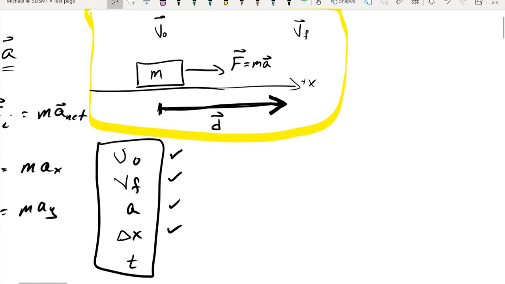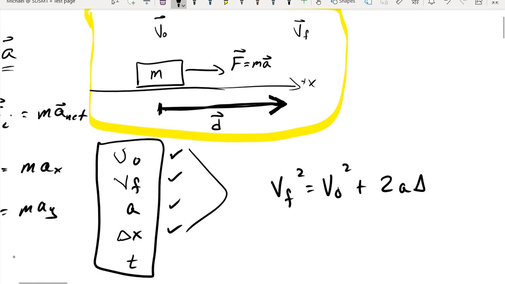But if we take these 4 kinematic variables, and we plug them into the kinematic equation that includes those 4, that is this one.